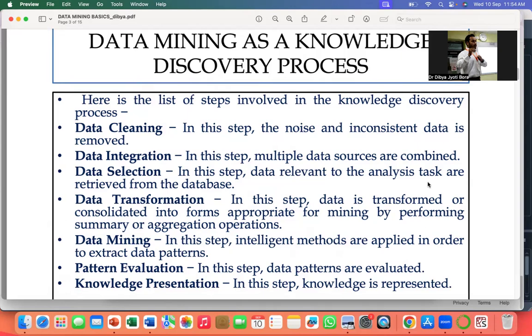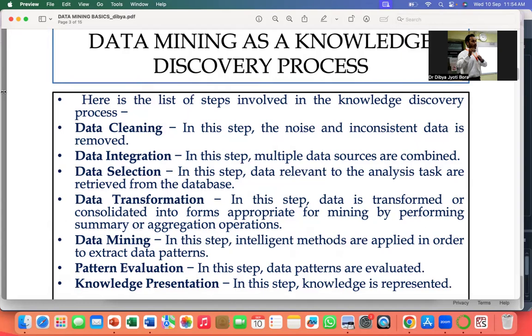Basically it means we try to convert the data into one single form which is appropriate for the model that we are working with, right? And then only comes the stage known as data mining. And here we employ some intelligent methods in order to extract the data patterns.